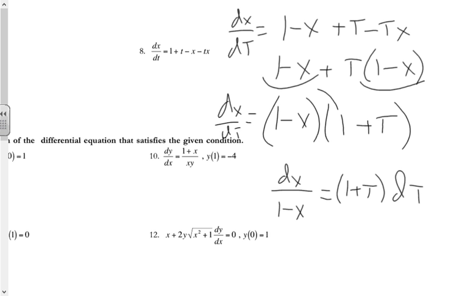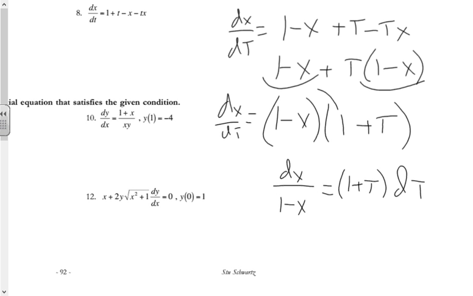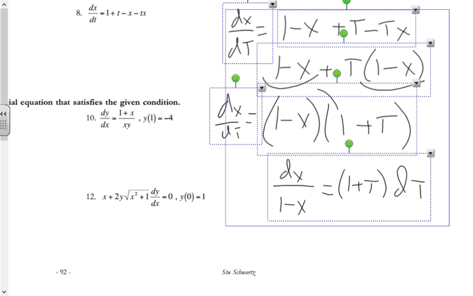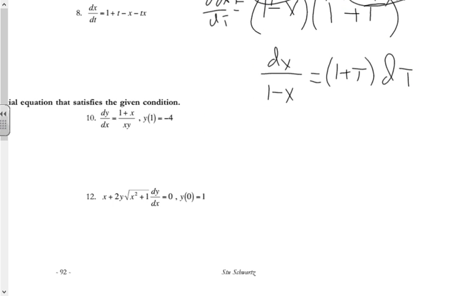So now if I integrate this, I'm going to find the antiderivative of this side. So the natural log, I mean, you could do a u substitution over here. Let's convince you. So 1 minus x, so du equals negative 1 times dx.